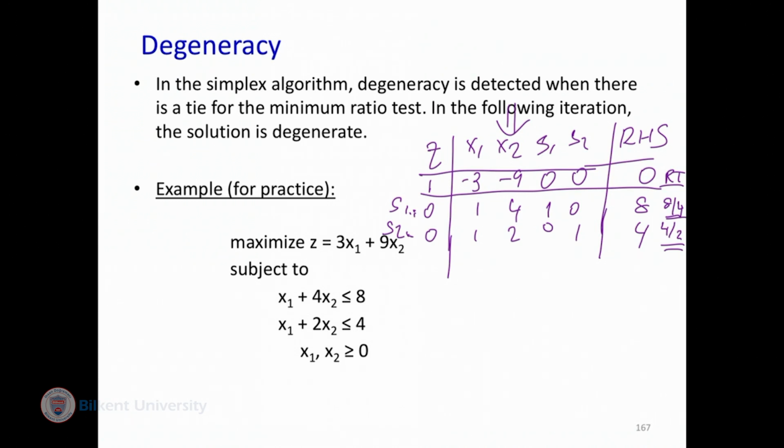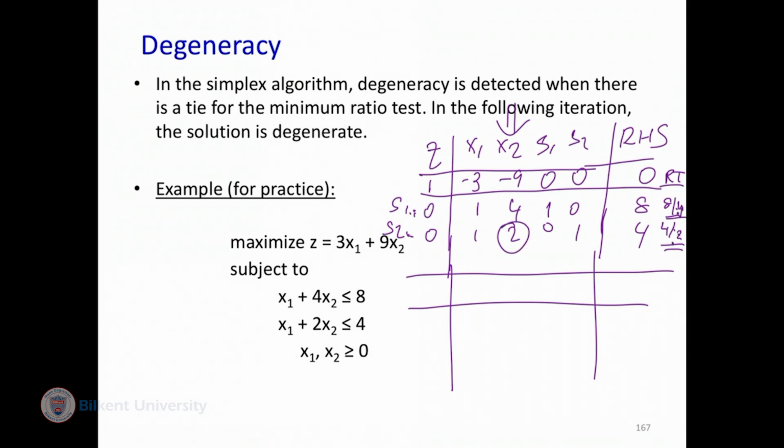Does it make sense? So in the next iteration, if you do your simplex, which one would you like to leave? X2 enters, so both of them can leave, right? Let's say that you want S2 to leave. What would happen in the next iteration? This will be S1, this will be X2. What will be the value of X2? It will be the result of the ratio test, which is 2. Okay, you should do these calculations at home.